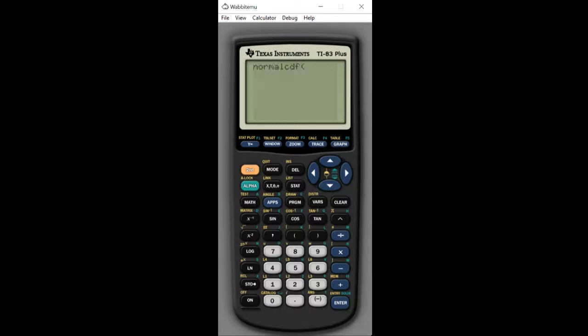Then hit enter for me. And then the first number we had, Jennifer, was negative 1.25, comma. And then the second number was a positive 0.65. You don't have to put a plus, just make sure you don't put a negative. Then close it off and hit enter. And are you coming up with 0.6365?